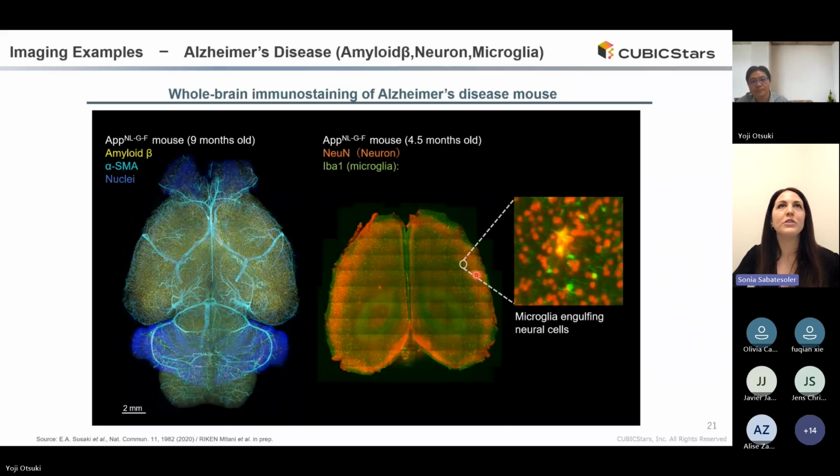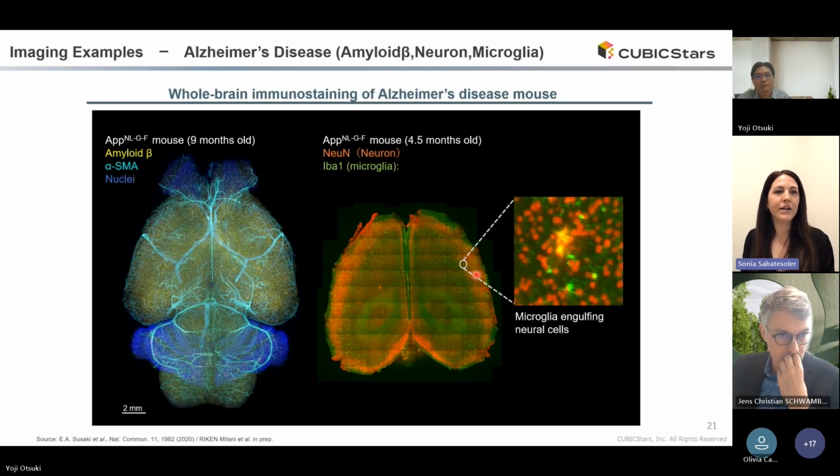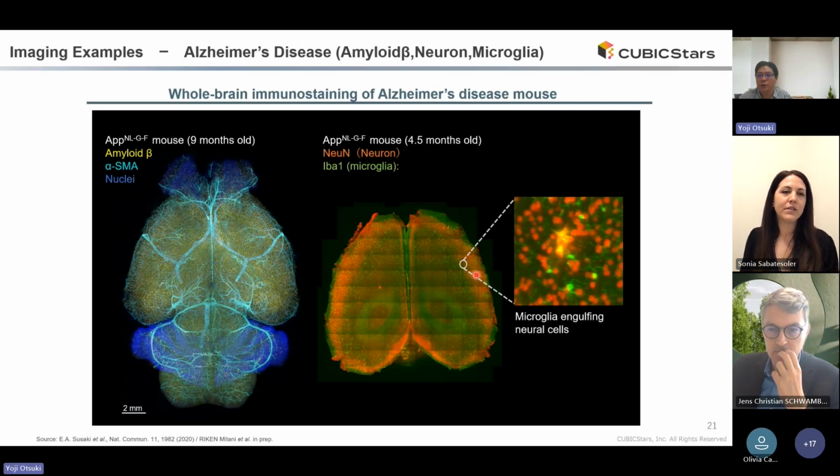That's really interesting. So potentially, if you have a project about drug distribution in the brain, you can first check the distribution of the drug in the whole brain, and then go with higher magnification to the cellular and subcellular level, right? Exactly. In this case, we first use low resolution microscopy, and then we focus on specific regions by using higher resolution microscopy.